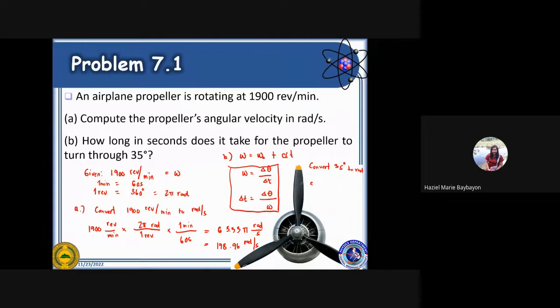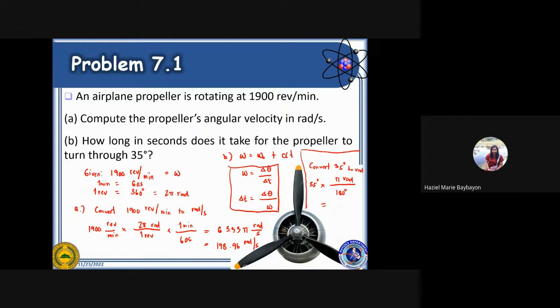So 35 degrees multiplied by pi rad per 180 degrees. Okay? So this is equal to 35 times pi divided by 180. Can you solve that one? 35 times shift pi divided by 180 degrees.